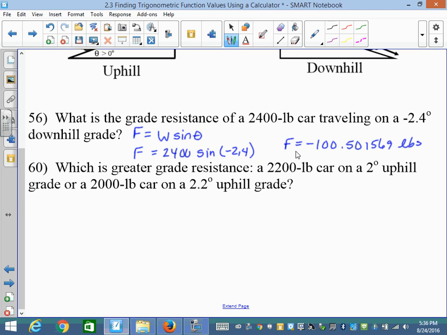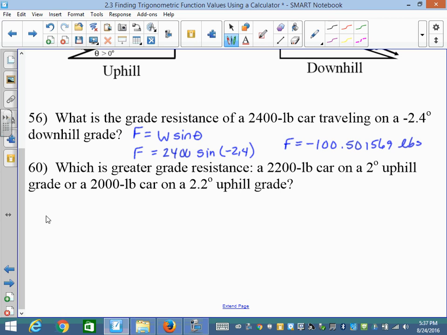Now the value is negative because you're going downhill, so there's really no gravity resistance. Gravity is actually pushing you down, so the car is feeling a little bit lighter and you're able to move a little bit faster. We know how that goes, unless you don't know how to drive or haven't driven on a big hill.